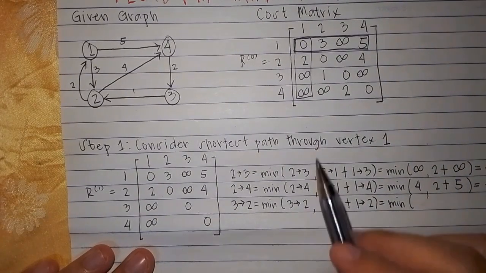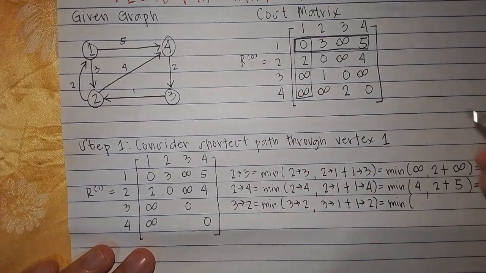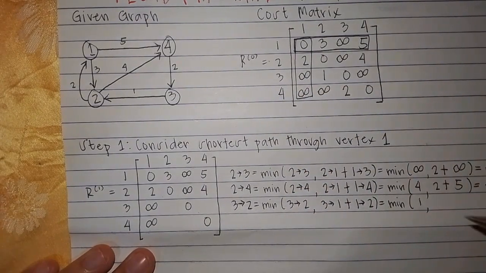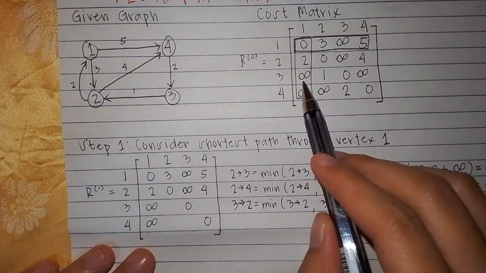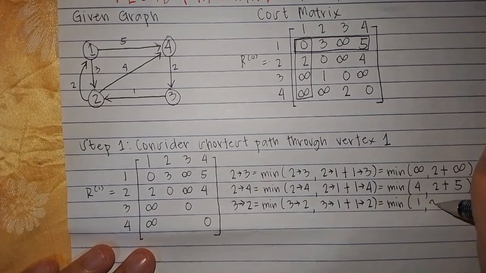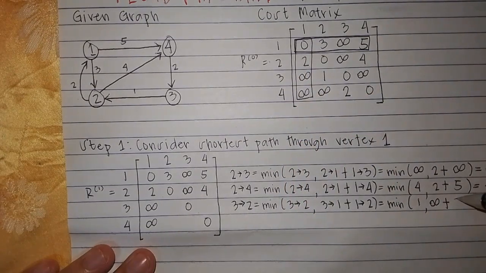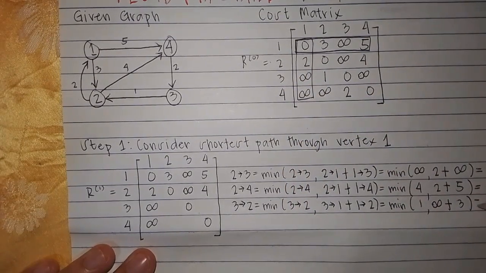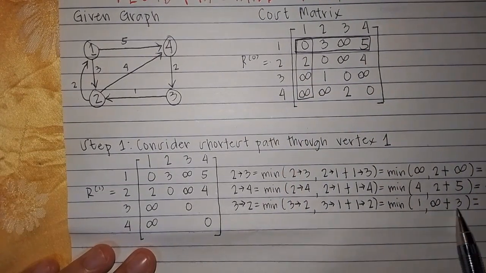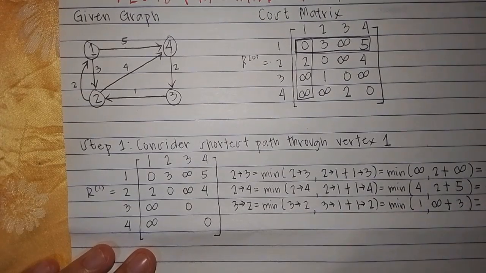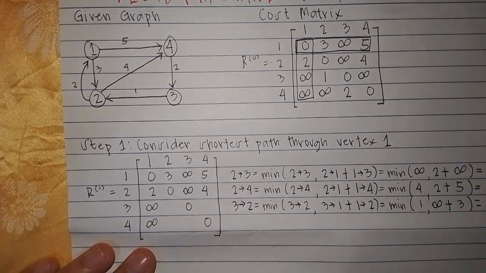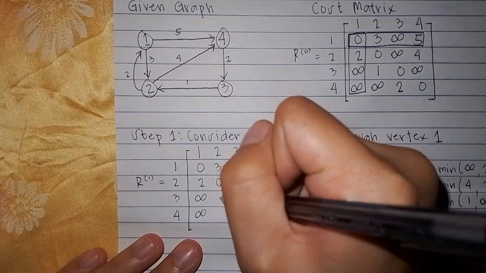So 3 to 2, the distance is 1. And 3 to 1, the distance is infinite. Plus 1 to 2, the distance is 3. So the minimum value was 1. So we will put 1 in the matrix.